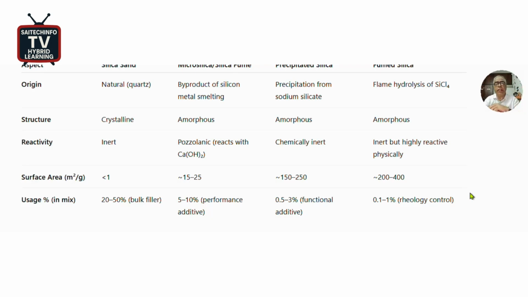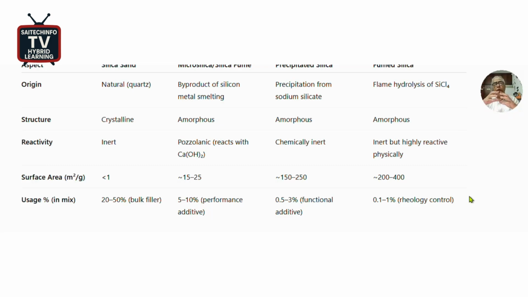So the surface area of silica sand is less than 1 square meter per gram, whereas microsilica is 15 to 25 square meter per gram. And precipitated silica, the range is 150 to 250. And the fumed silica's surface area is unimaginably high, in the range between 200 and 400.